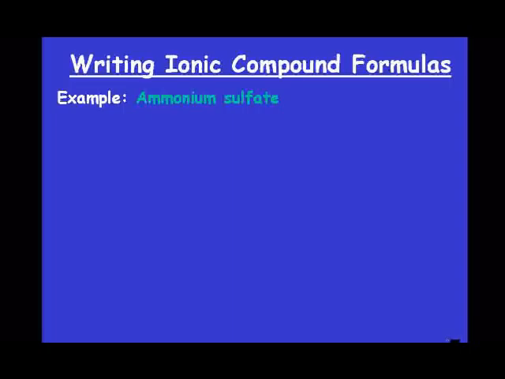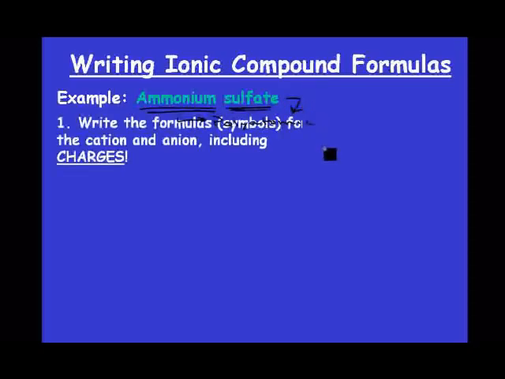Ammonium sulfate. Here we have 2 polyatomics. Ammonium and the sulfate ion. So when we write the formulas, including the symbols, we're going to put them both in parentheses. Ammonium is NH4, +1, and sulfate is SO4, -2.